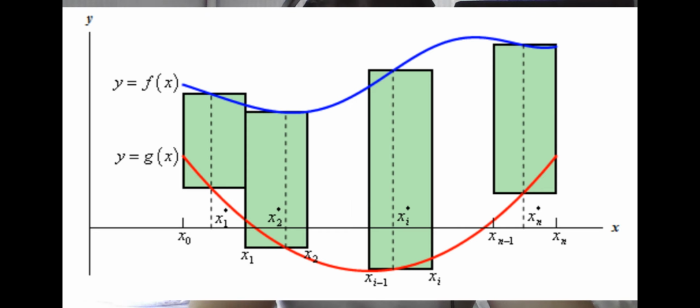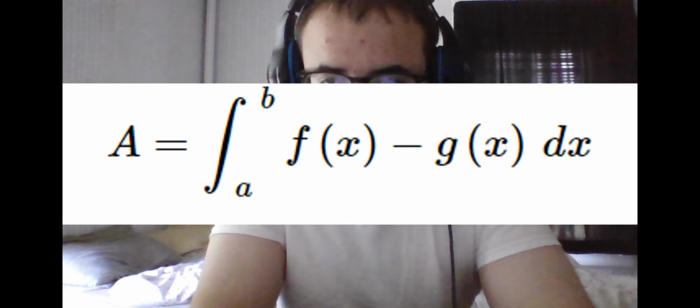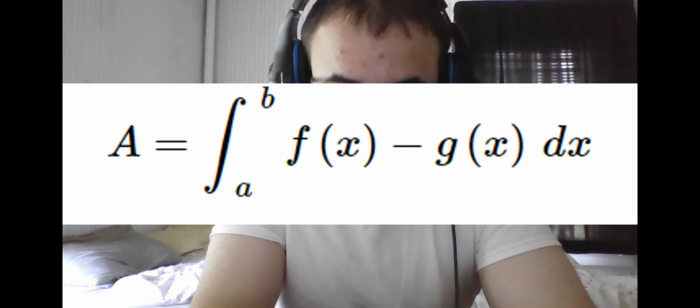It follows the total area would be a sum of these areas, and as the sum approaches infinity, you get the actual area between the two curves is the integral of function f of x minus g of x with respect to change in x.